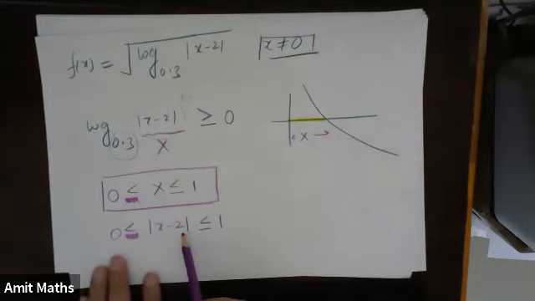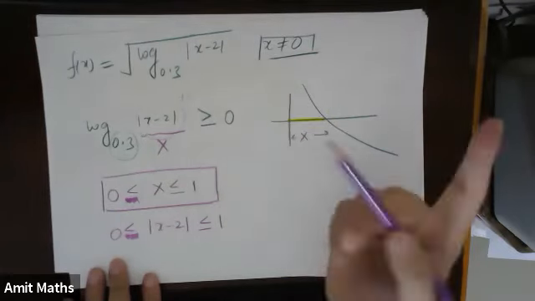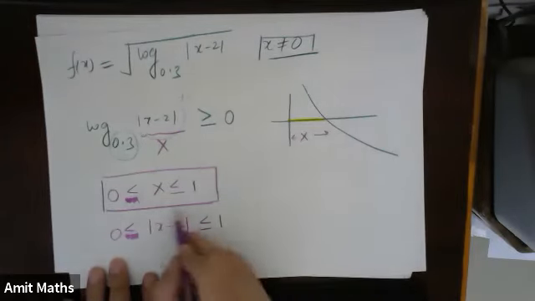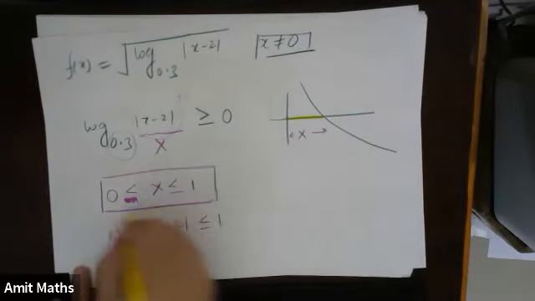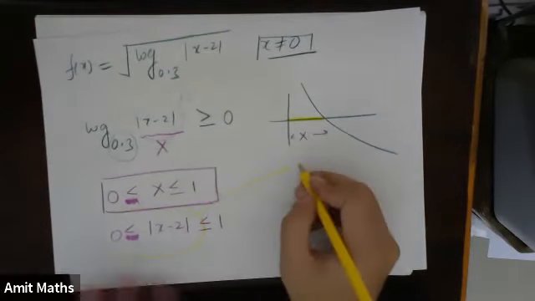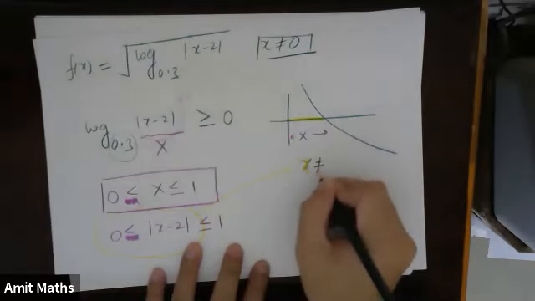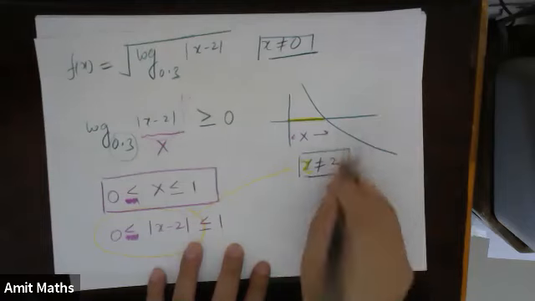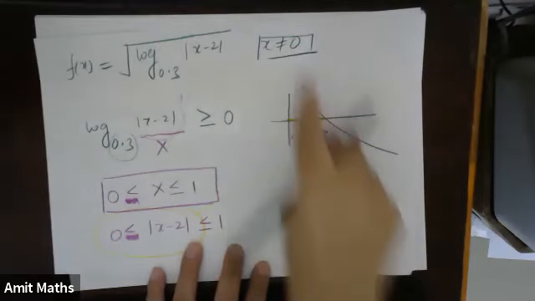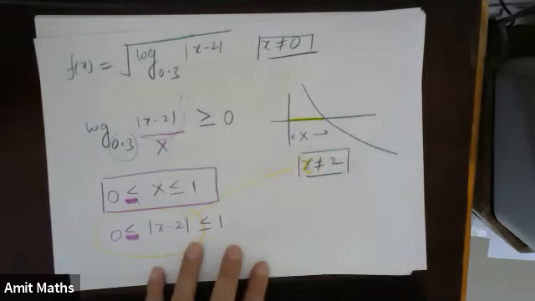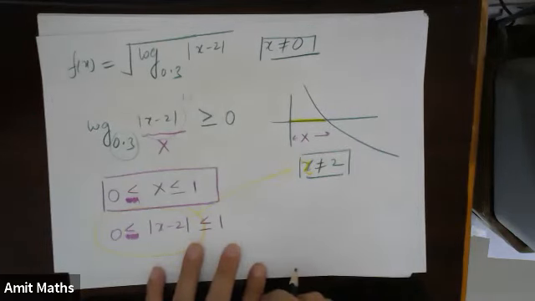If x becomes equal to 2, then 2 minus 2 will become 0 and this whole thing will become 0. So x cannot be 0, which we have already considered from the earlier part, and from this part we will also have that x should not be equal to 2. So these two values I have excluded first.